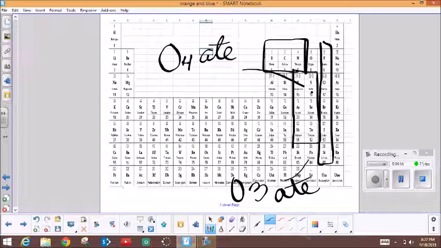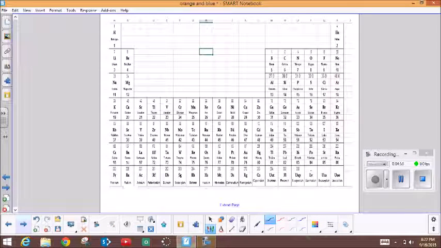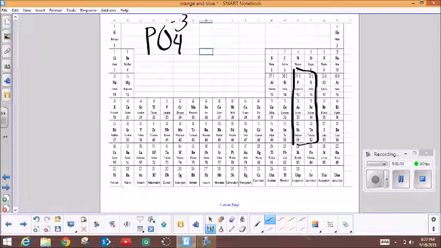What about those when they say ite? We haven't talked about that yet. But this whole section can also be the element with the ending ite. So if I am PO4, like I'm listed here, and have a -3 charge, I am phosphate.